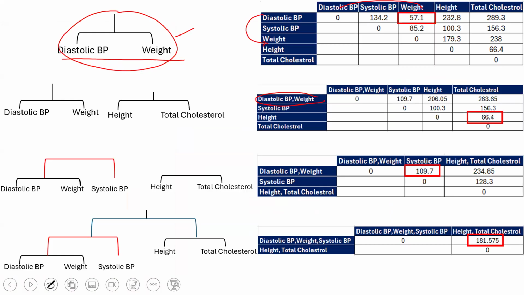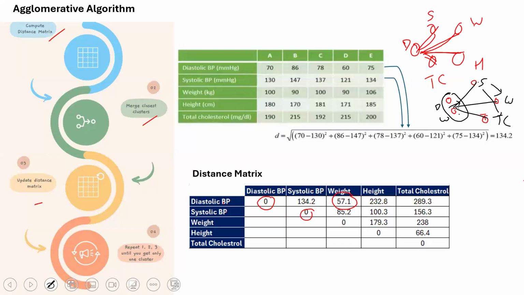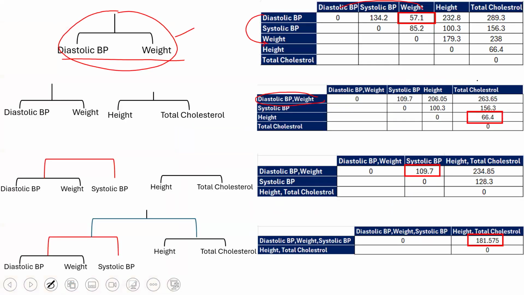Now, if I go back here, from my new cluster, I have to calculate the distances, right? I have to calculate the new distance to systolic BP. How do I calculate that? From diastolic BP to systolic BP, the distance is 134.2, right?